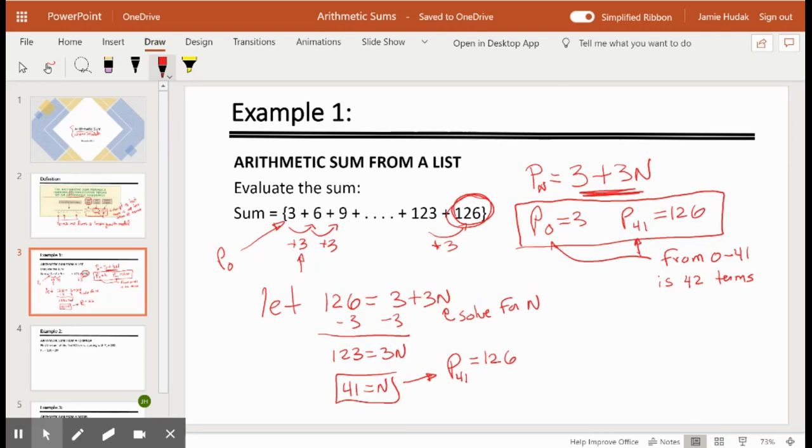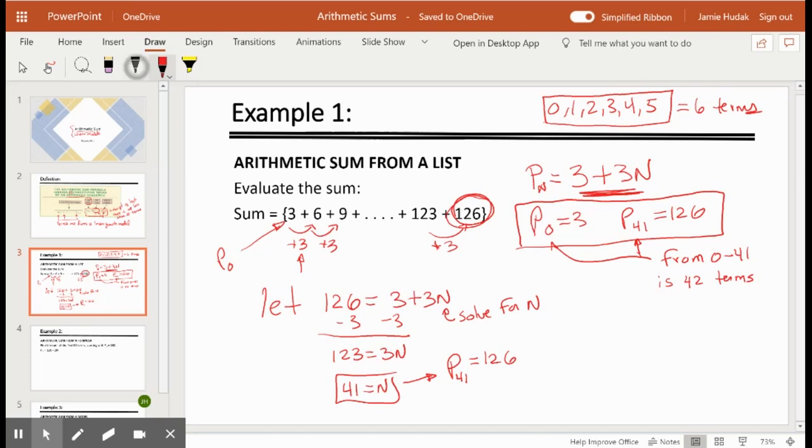And if we were just to count from 0, 1, 2, 3, 4, 5, you can see that from 0 to 5 is 6 terms. So it makes sense that from 0 to 41 is 42 terms.